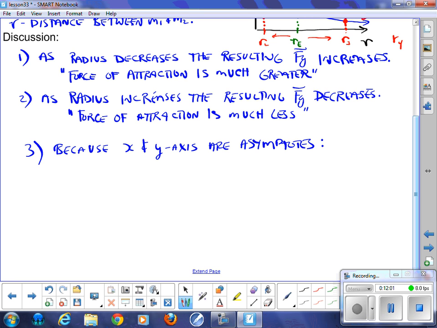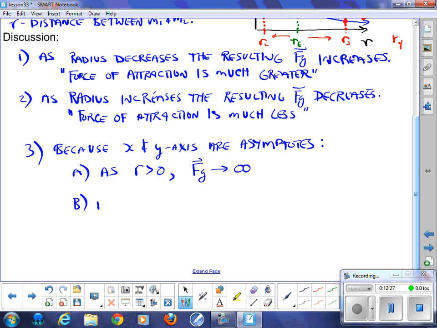Because the x and y-axes are asymptotes, two things occur. A, as r approaches 0, as the objects get closer and closer to each other, so if you were to dig down to the core of the Earth, the force due to gravity gets really, really large. We could say it approaches infinity, which essentially would crush you.